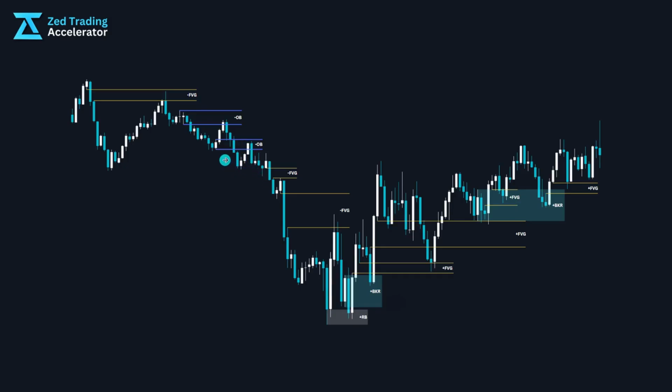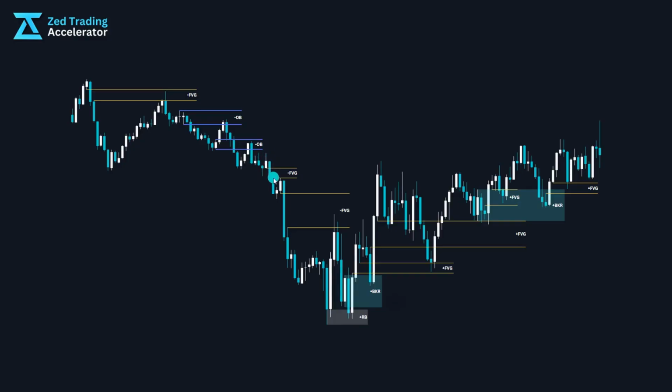Alright, this small fair value gap is our first line of defense, and these order blocks right here are our last line of defense. Price respected our second line of defense, this first up close candle right here, and continued going lower.